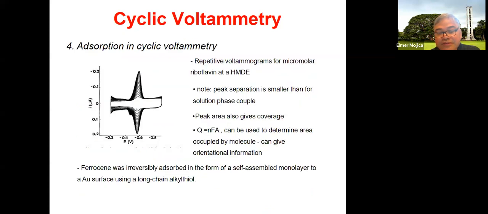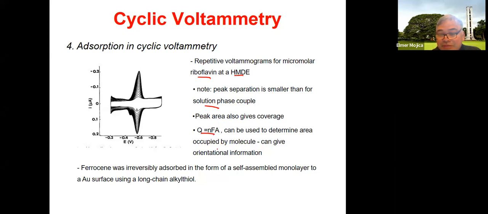Okay. Now you can also use it in adsorption study in CV. So this is the repetitive voltammograms for riboflavin at hanging mercury drop electrode. So note the peak separation is smaller than for solution phase couple. So peak area also gives coverage.